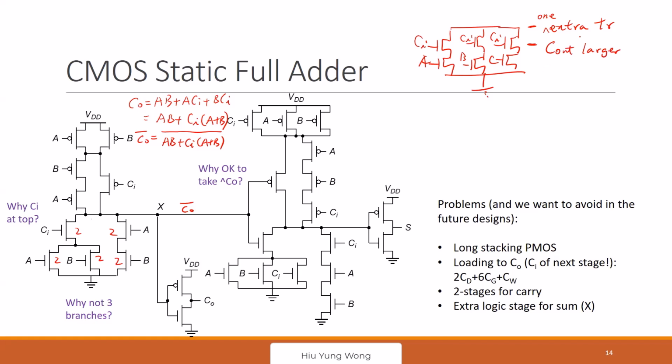This C out is not the carry out. I should say output cap is larger. Why? Because I have 2 CI, 2 carry in transistors. I have an extra transistor. Originally, I only had 4 of them. Now I have 6. Make sense?